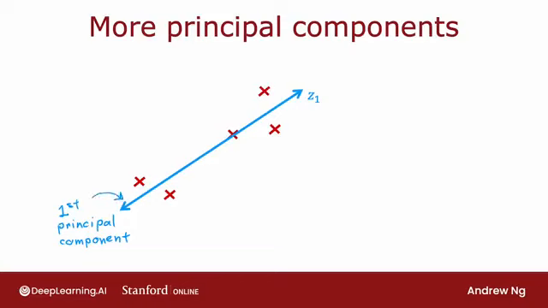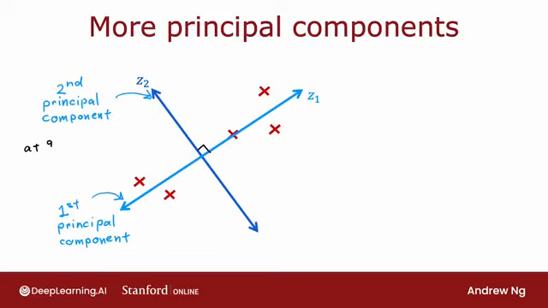It turns out that if you were to pick a second axis, the second axis will always be at 90 degrees to the first axis. And if you were to choose even a third axis, then the third axis will be at 90 degrees to the first and the second axes. By the way, in mathematics, 90 degrees is sometimes called perpendicular. The term perpendicular just means at 90 degrees.